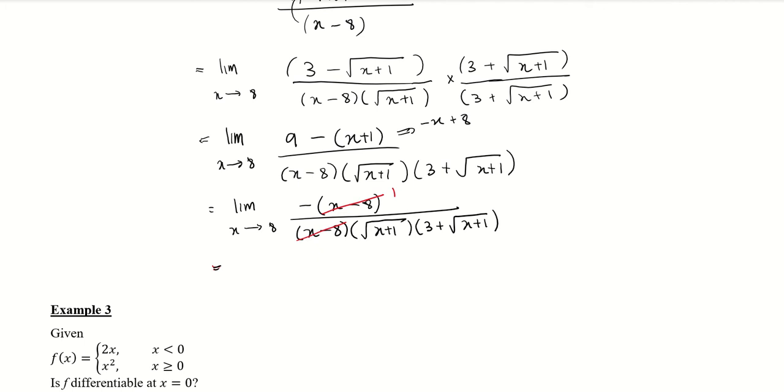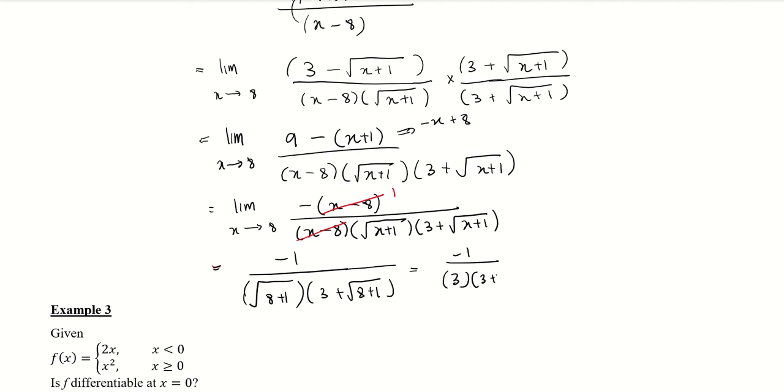Here the numerator is negative 1. So we get negative 1 over square root of 8 plus 1 times 3 plus square root of 8 plus 1, which is negative 1 over 3 times 3 plus 3, which is 6. So 3 times 6 gives negative 1 over 18.